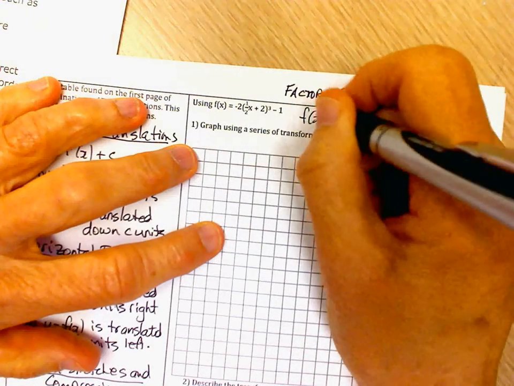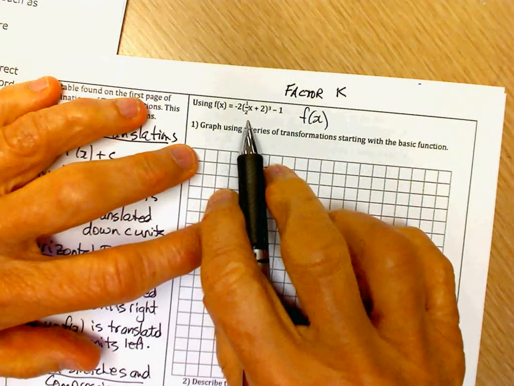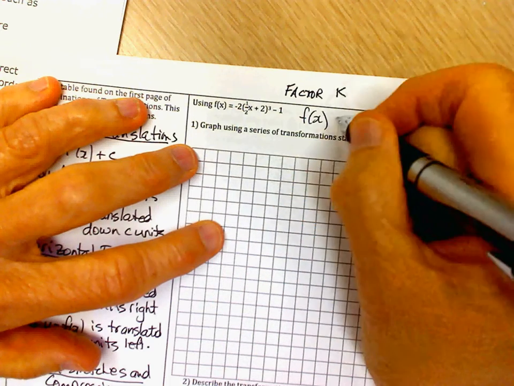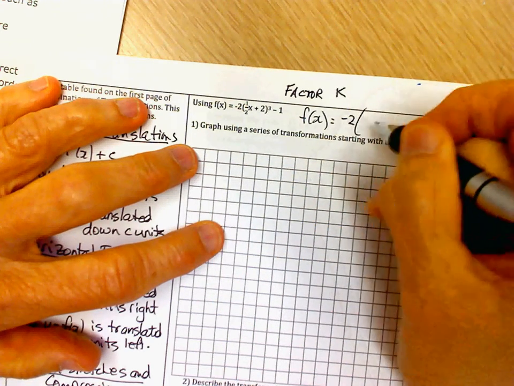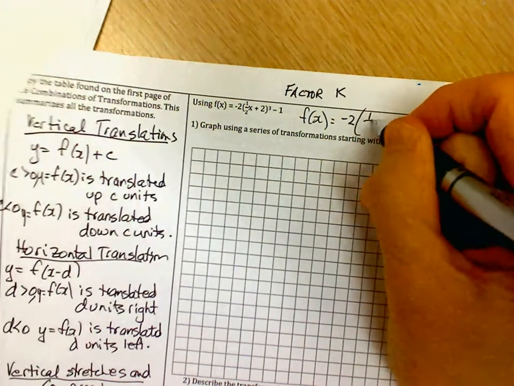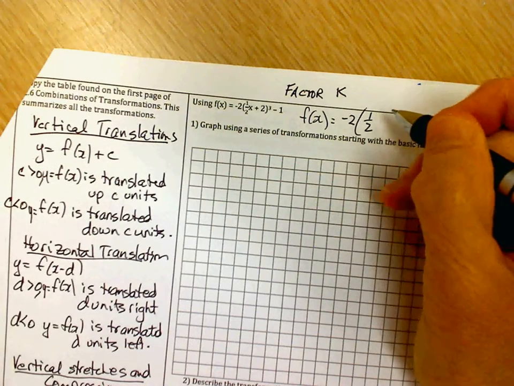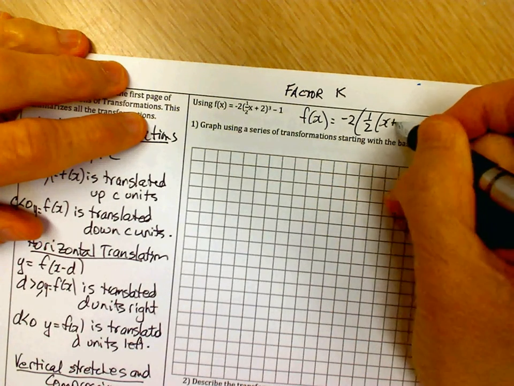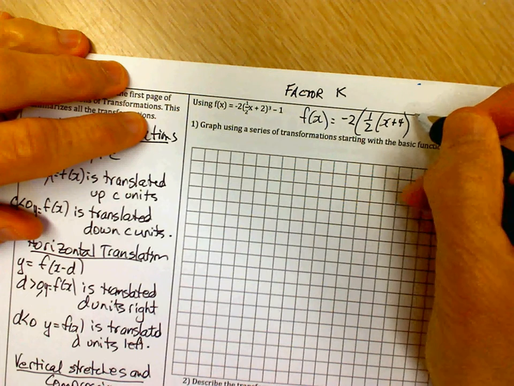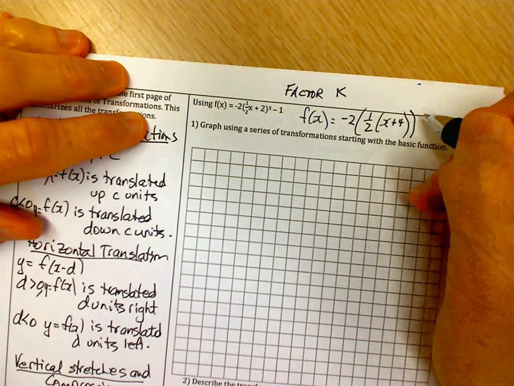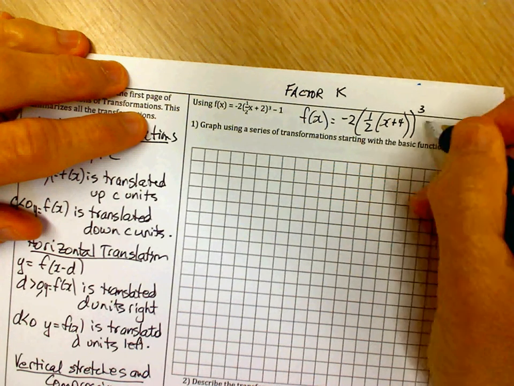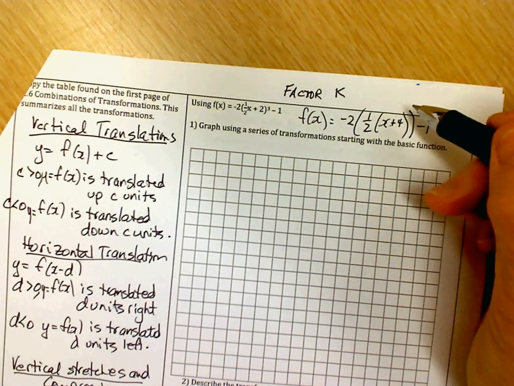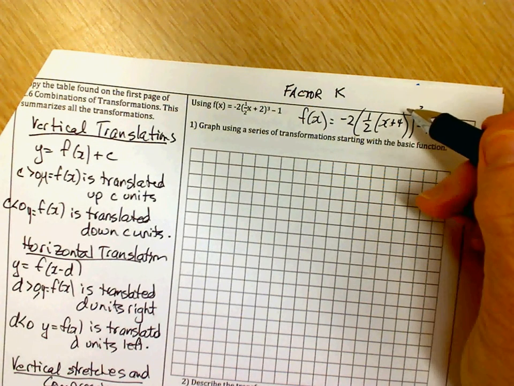Equals negative 2 times (1/2 x plus 4) cubed minus 1. So 1/2 x plus 2. Good. So this is actually a horizontal translation to the left 4.